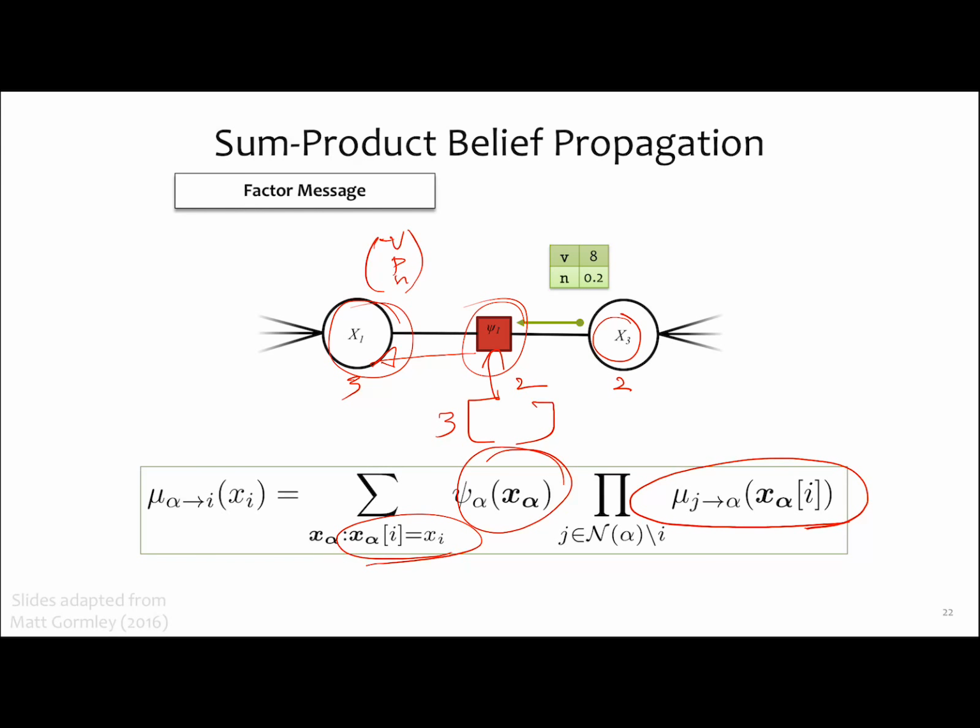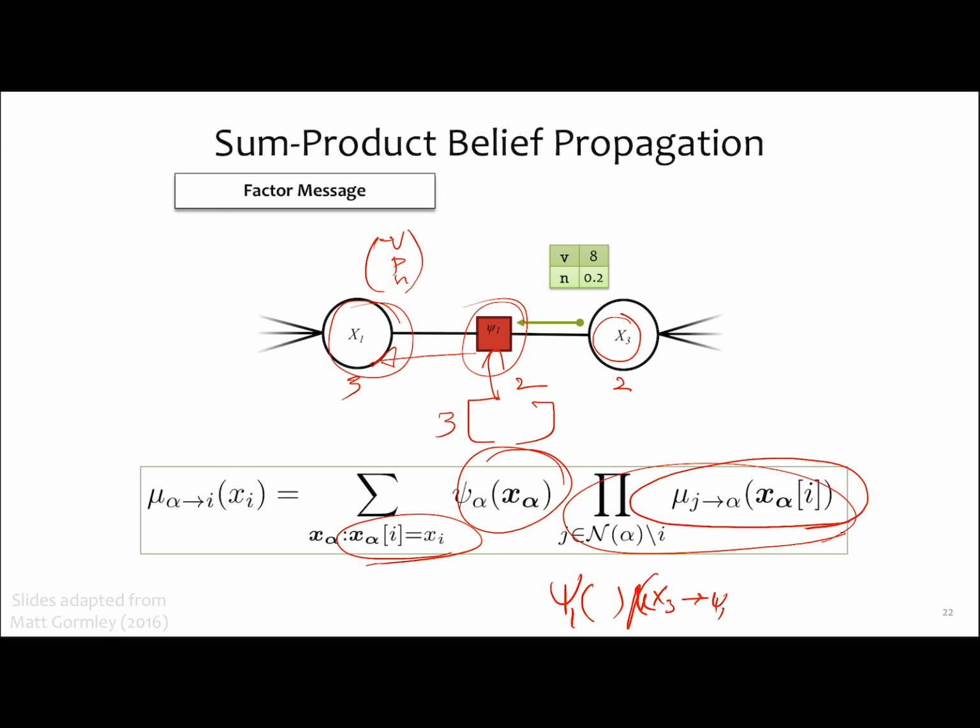Here in this case, it's receiving only one message, the message that comes from x3 to the factor psi 1, and it's going to apply the factor psi 1 on it.